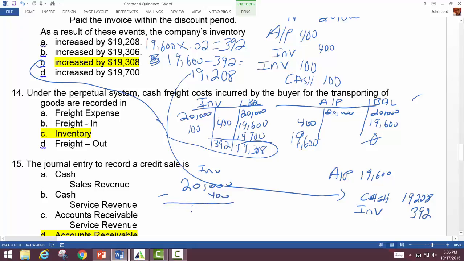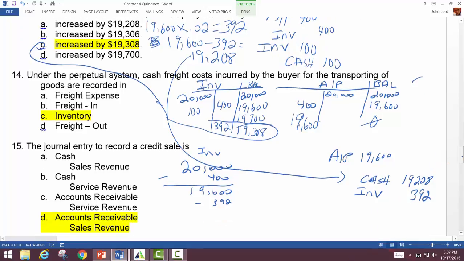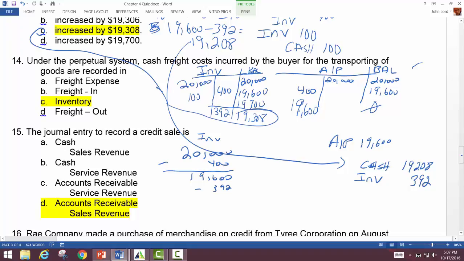That gave us 19,600, minus the 392 discount. Minus the 392 discount would have given us 19,208, I should say. 19,208. But I've got to add what? Got to add the freight, don't I?